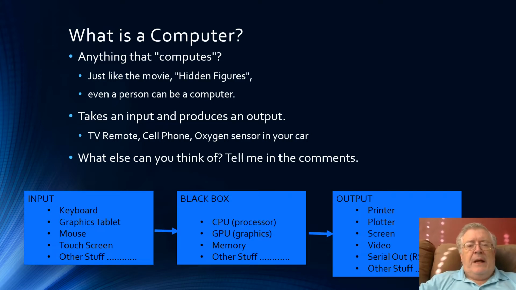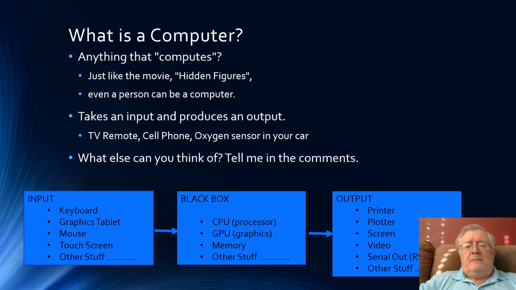In there is your CPU, which is your processor, GPU, which is the graphics processor, your memory, or what they call RAM, and then again, there can be all kinds of other stuff in your little black box.